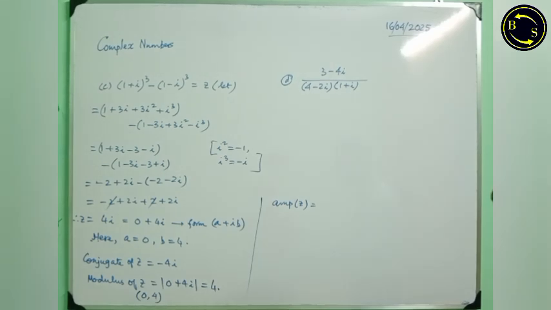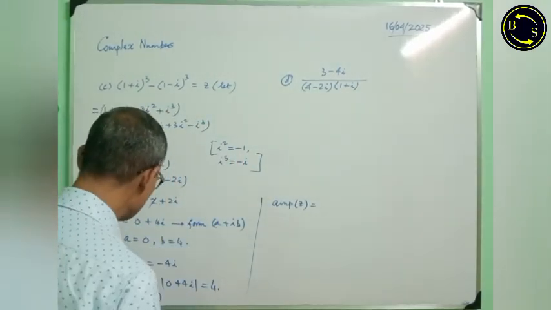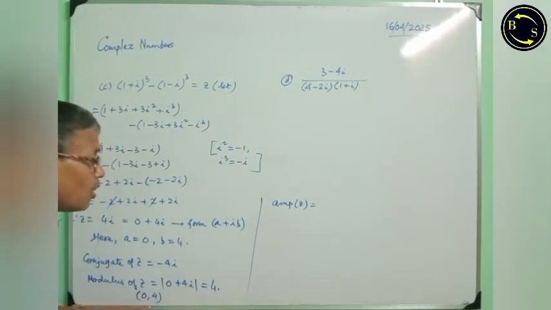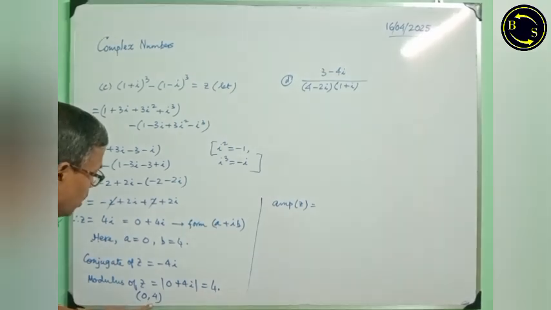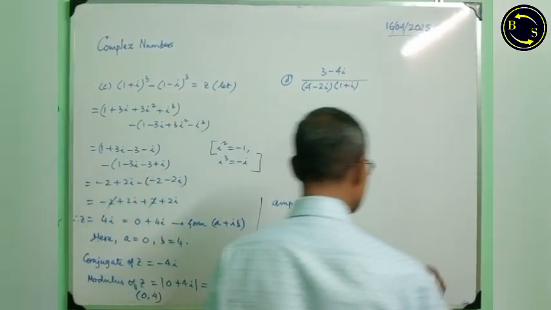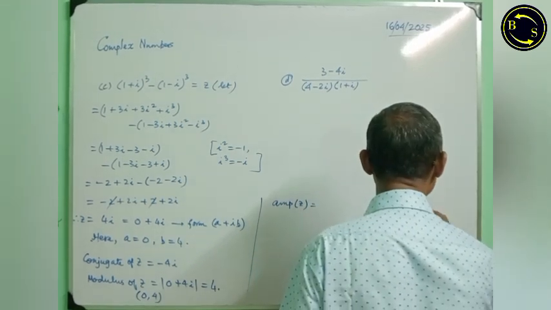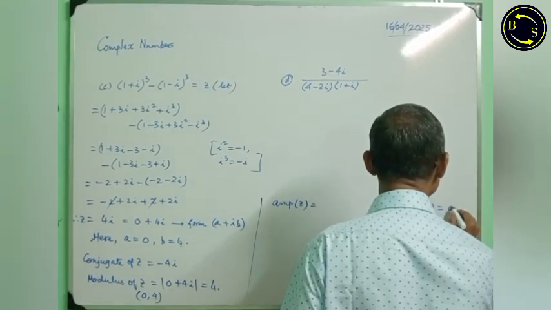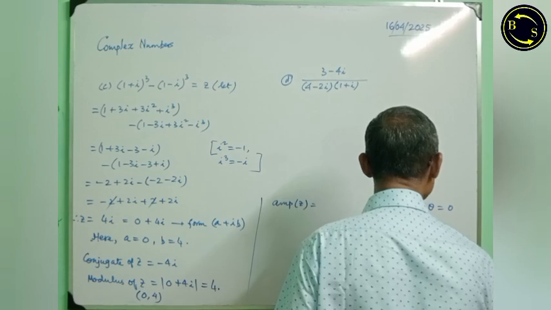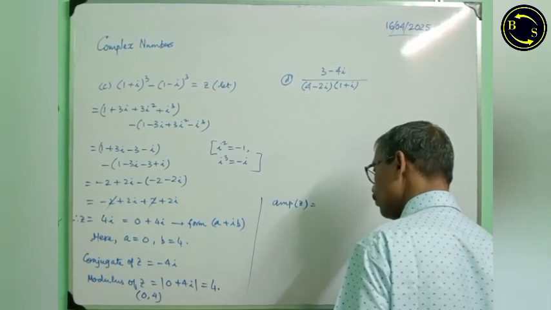0, 4 lies on the positive part of the y-axis. Therefore, in this case, you can write that also in the rough space, r cos theta equal to 0, r sin theta equal to 4.